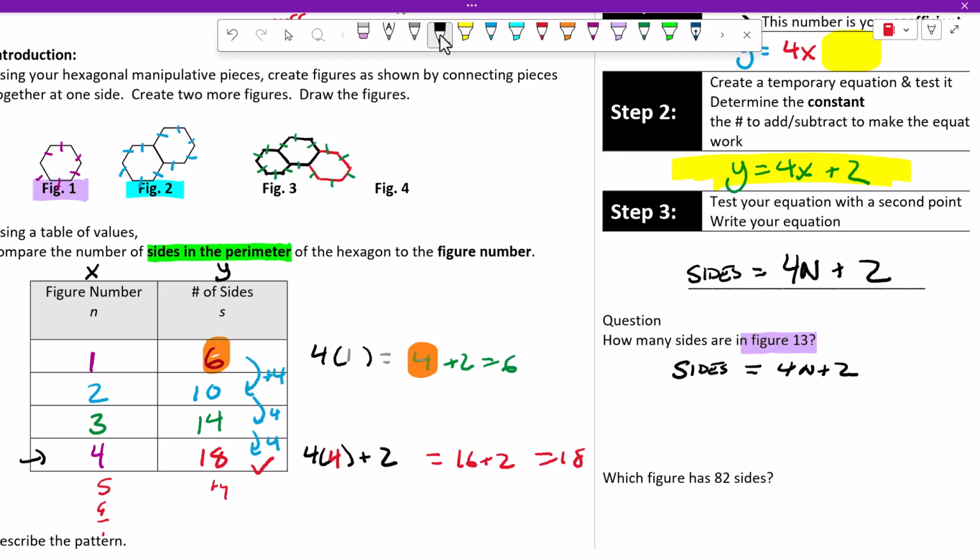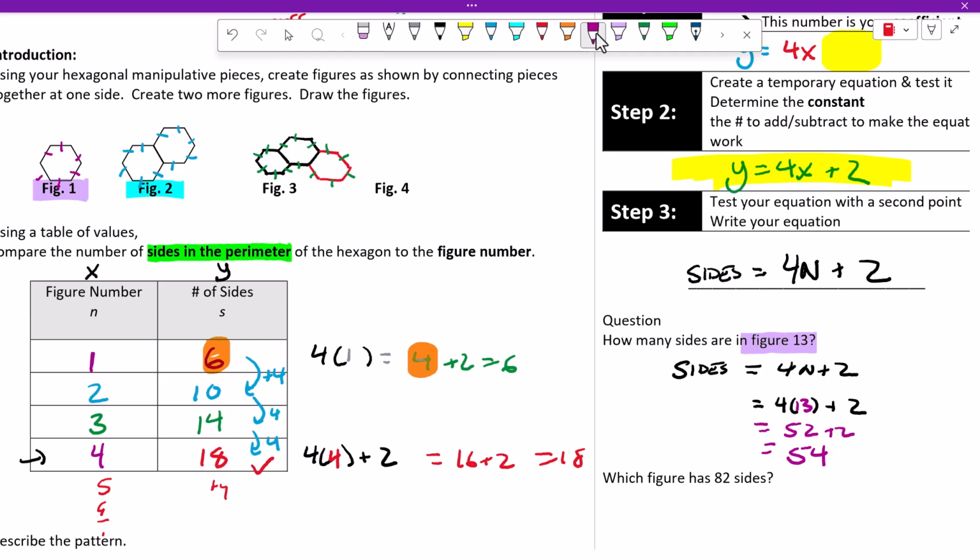So we take out the n, we put brackets there, and we stick in the number 13, and we do that calculation. So you go 4 times 13, which is, you can use a calculator, 52. 52 plus 2 is 54.